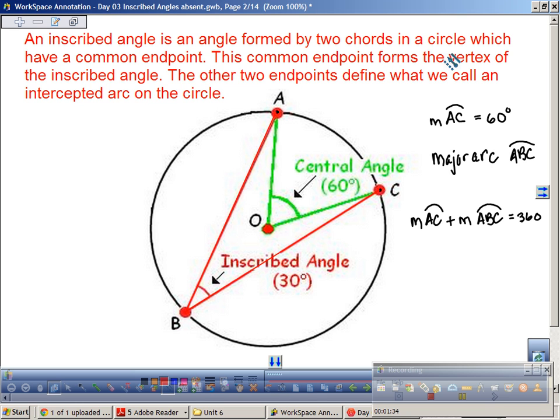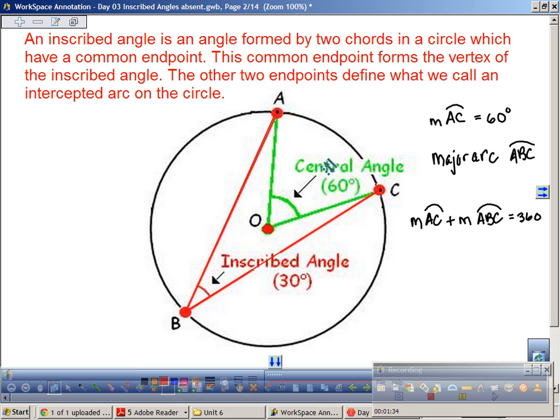This common endpoint forms the vertex of the inscribed angle. And it also has to be on the circle. And we're going to look at what it looks like to not be an inscribed angle in a second here. The other two endpoints define what we call an intercepted arc on the circle. So this would be my intercepted arc.